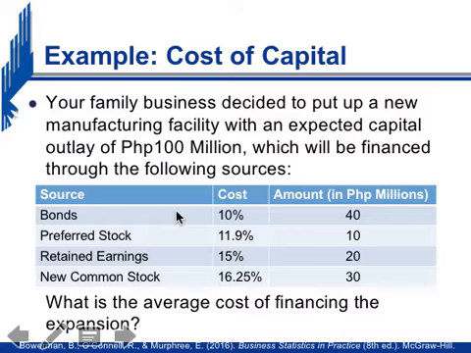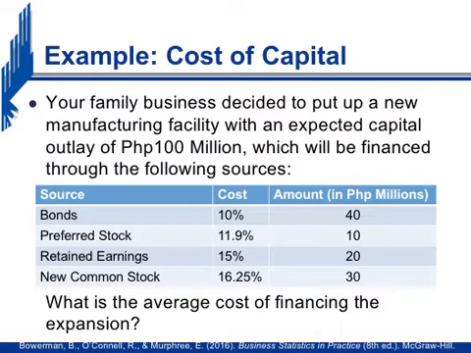Now for each of the sources, we have its own cost. So it costs 10% to source from bonds. The interest rate is 11.9% for preferred stocks, and so on.